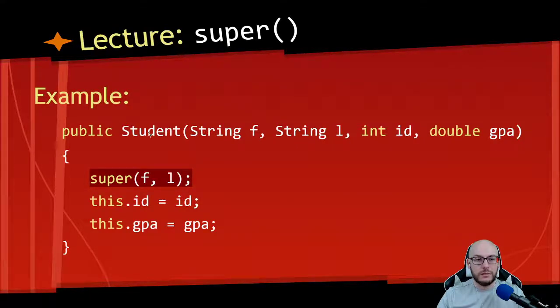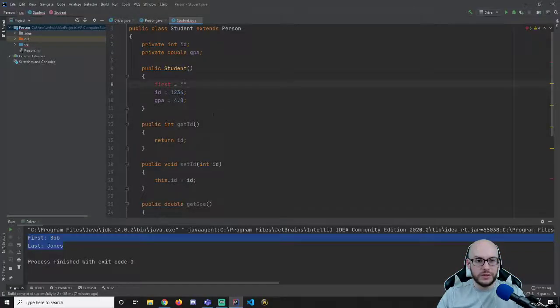What do we mean? Let's plug in a constructor that takes in all 4, or we can play with the no-args constructor that we got. Right? We can initialize ID, GPA as normal, but in terms of my first and last name, I don't have direct access to them. I'm going to pass them up to the constructor above me using super.